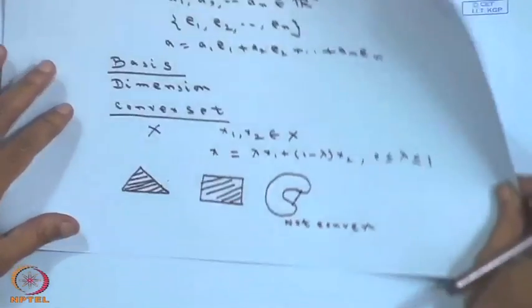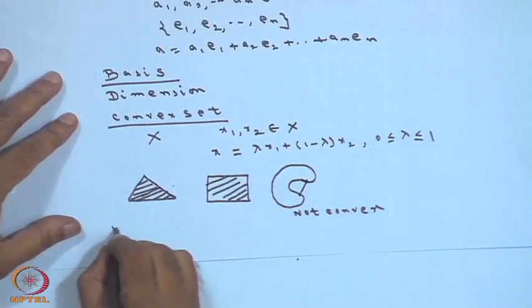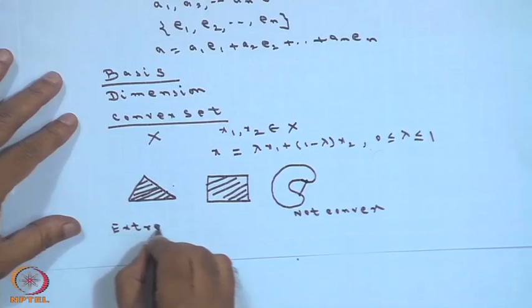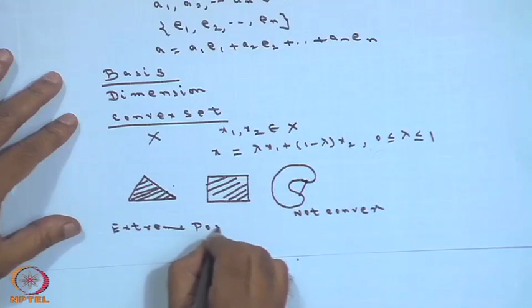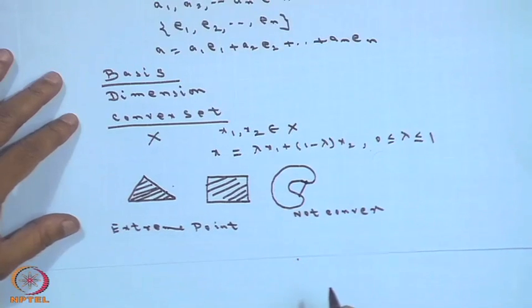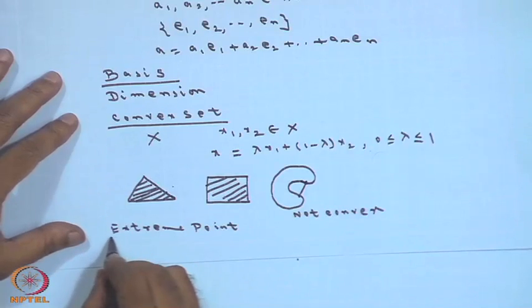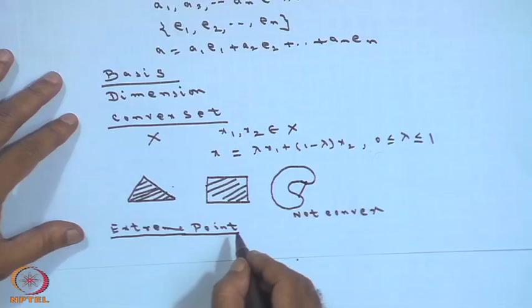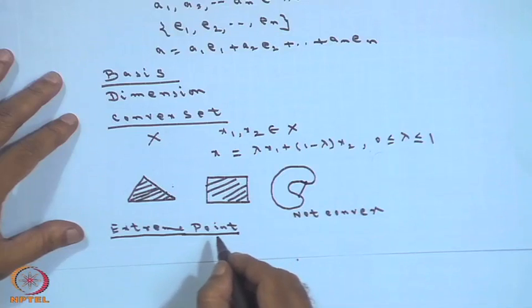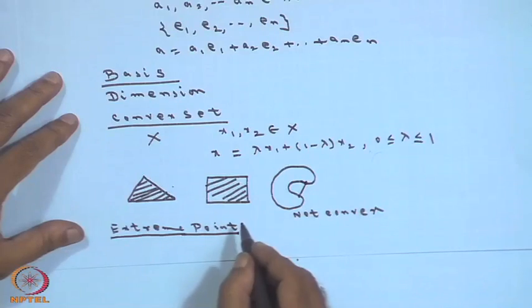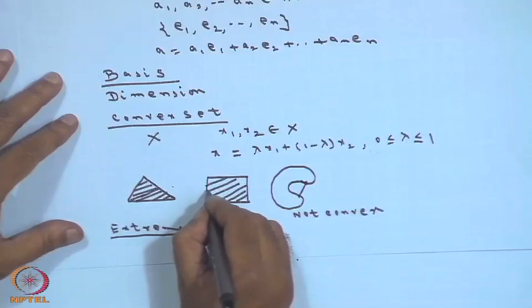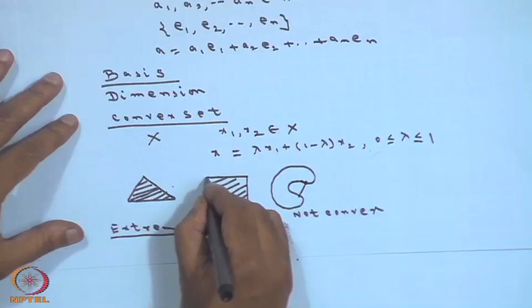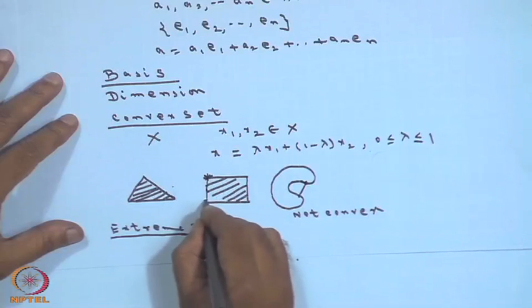Similarly, there is another concept, the extreme point. An extreme point of a convex set X is a point such that we cannot find two other points x1 and x2 in the set whose joining line segment contains it.